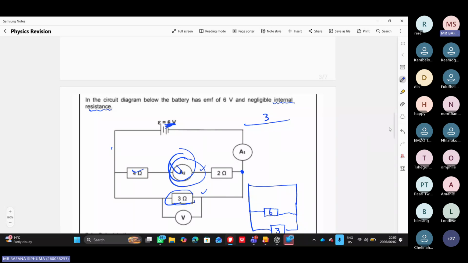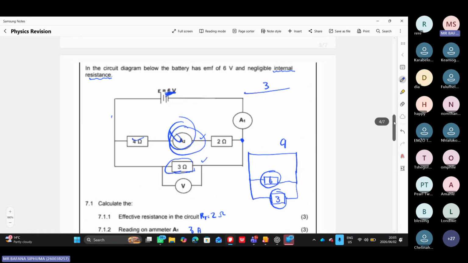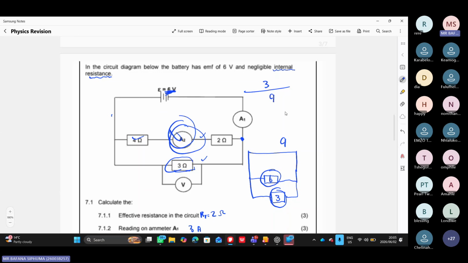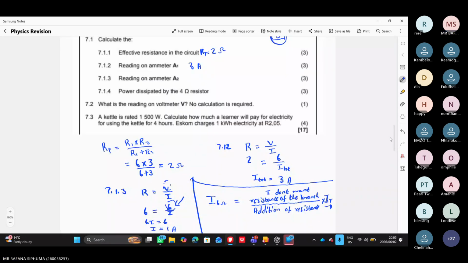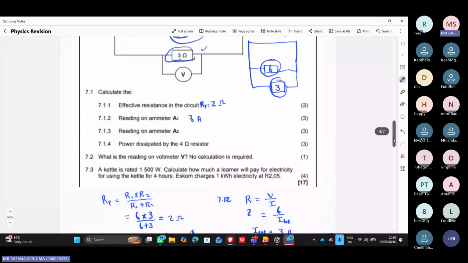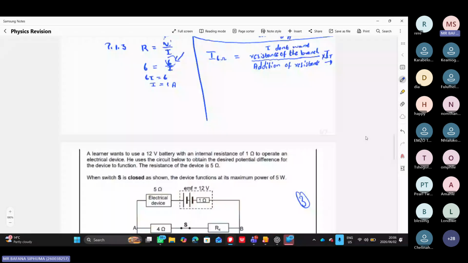You add this 6 and this 3, it gives you a 9. So you come here and say 9. Then you multiply by the total, by IT. So we multiply by 3, because 3 was my total. So in simple, we said 3 divided by 9 multiplied by 3. What answer will you get here?